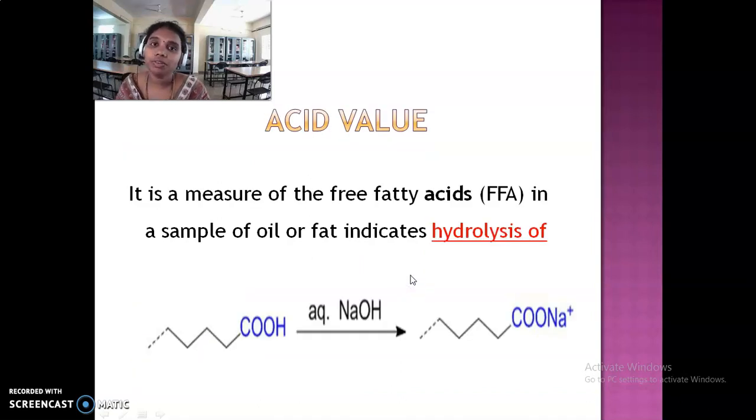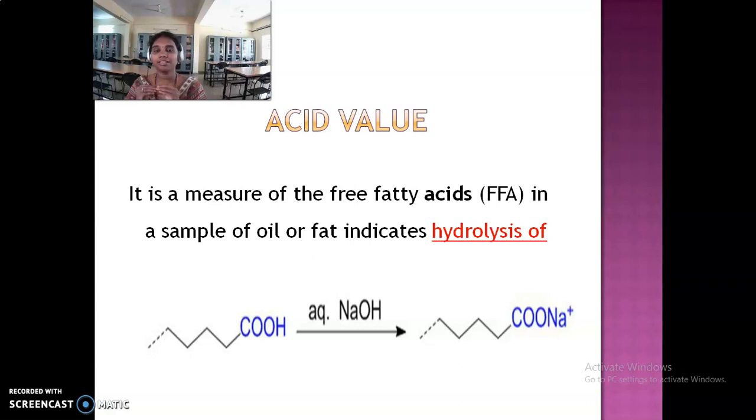So acid value. What is meant by acid value or acid number? You are going to analyze the fat or oil present in your sample. Suppose the oils are stored for a longer period of time, what will happen? Decomposition or hydrolysis of fats and oils will happen, leading to the release of free fatty acids.